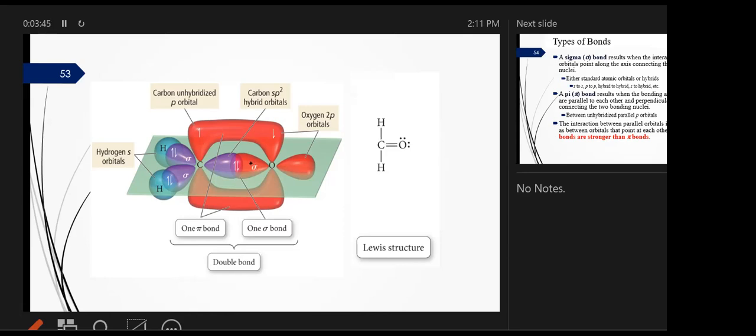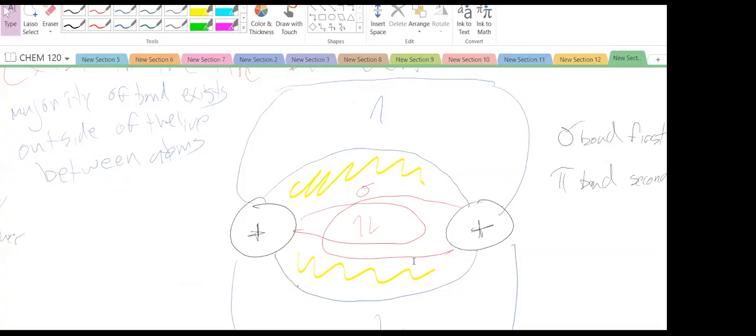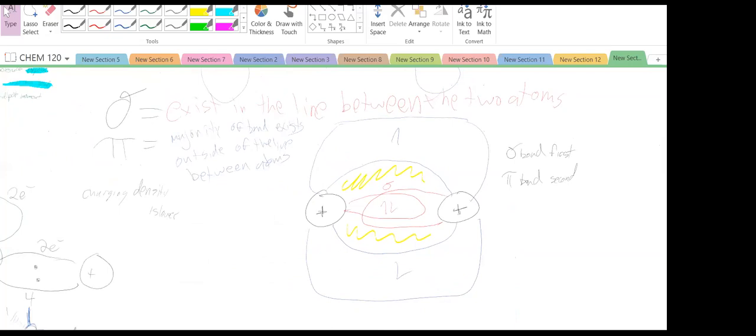So when we look at this, our sigma bond always forms first, right? So if you are a single bond, then you are just sigma. When you are a double bond, then you are going to be 1 sigma and 1 pi. And then a triple bond is 1 sigma bond and 2 pi bonds.